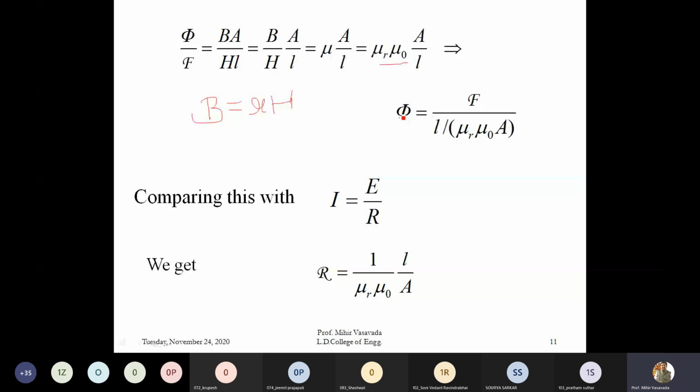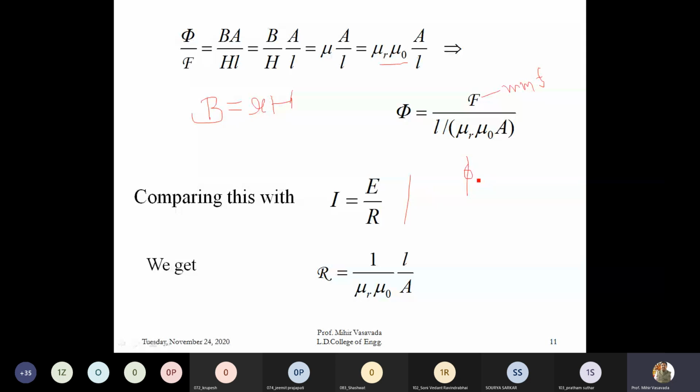So phi is what? F goes in the numerator. So F upon that, remember this F is your MMF, upon L by mu 0 mu R A. This is similar to what I have written, comparing with your standard equation. This is R, or reluctance.